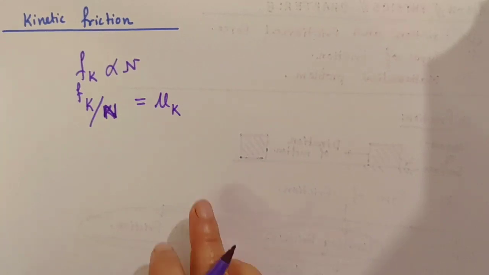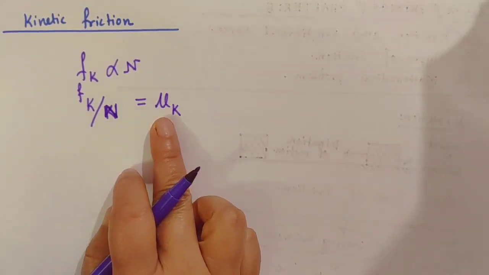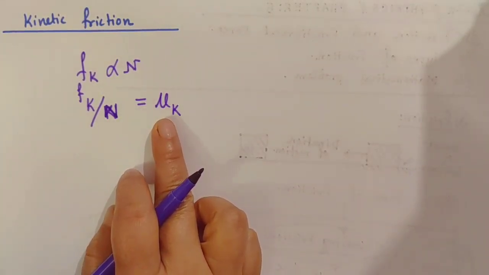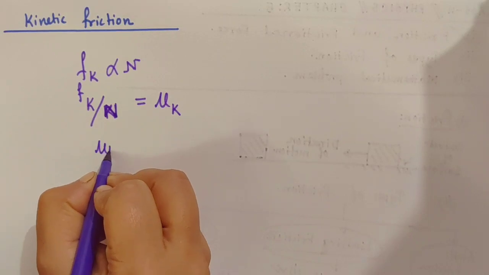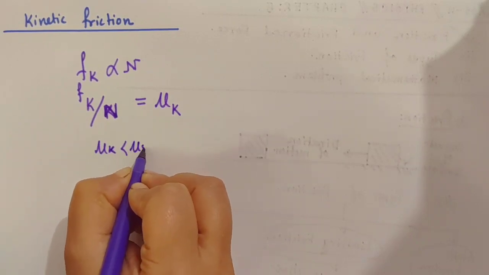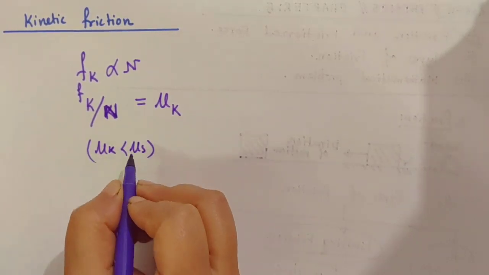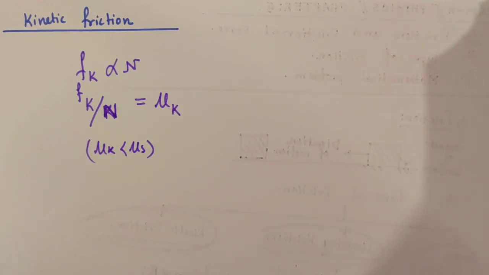So mu k is the coefficient of kinetic friction. The value of mu k is slightly less than mu s. So mu k is less than mu s. What is mu s? Mu s is the coefficient for limiting friction, static friction.